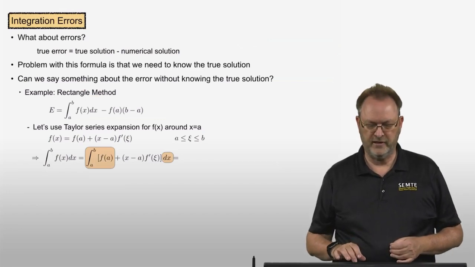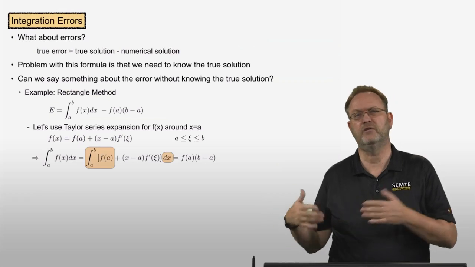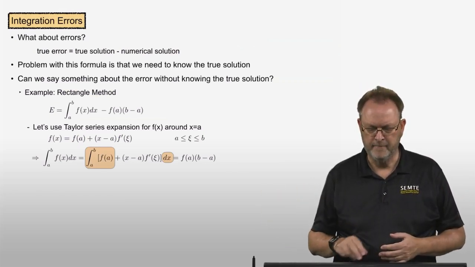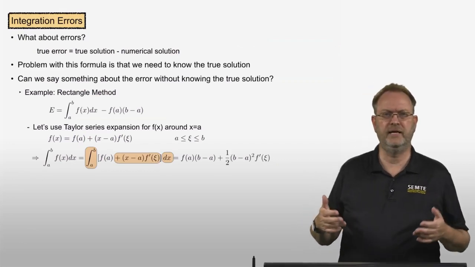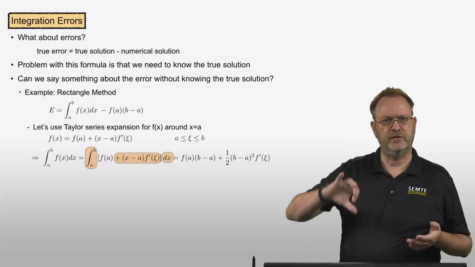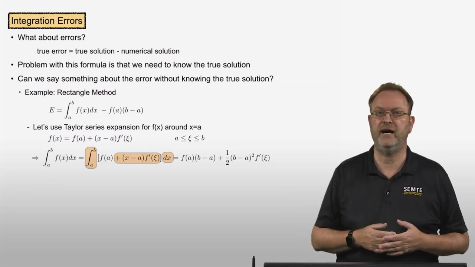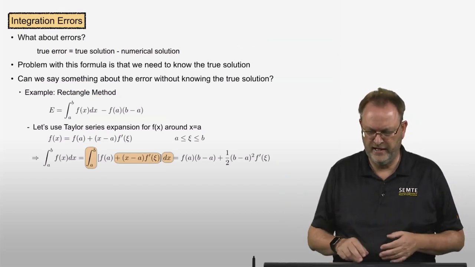The first term will give me f of a times b minus a, because f of a is just a constant value, so times b minus a. And then I have to integrate this second term, and that one would be a half, if I substitute in the integration bounds directly, a half b minus a squared times this f prime at some unknown location psi.